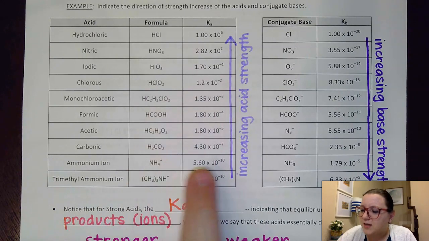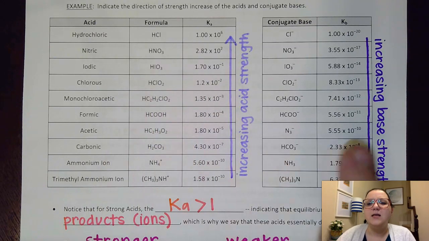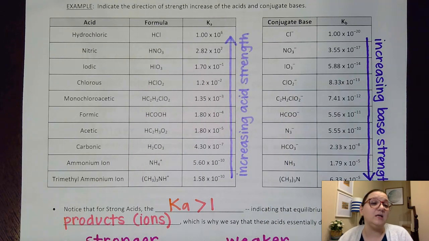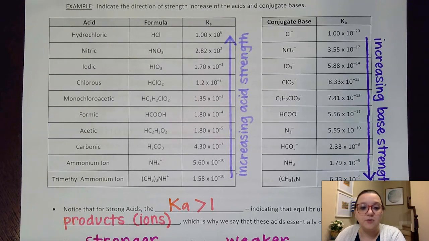However, when my Ka values get smaller, now my Kb values get more significant, meaning that while the forward direction might be the dominant direction, I might still have some conjugate base going back and making acid. And so both directions need to be taken into consideration when I'm trying to calculate the pH. And so that's why when we're calculating pH on a weak acid or base situation, we've got to use equilibrium to do so.